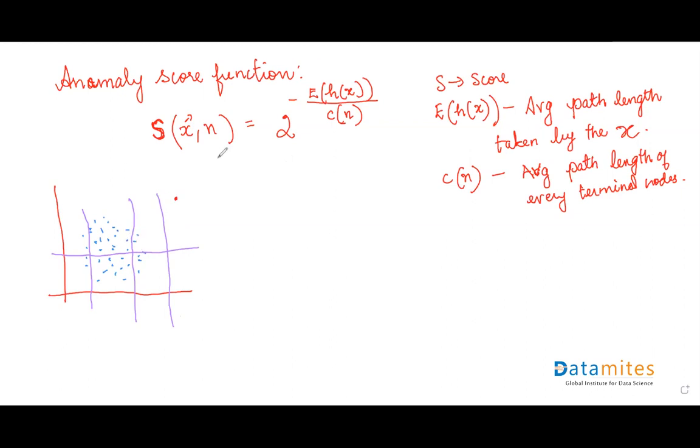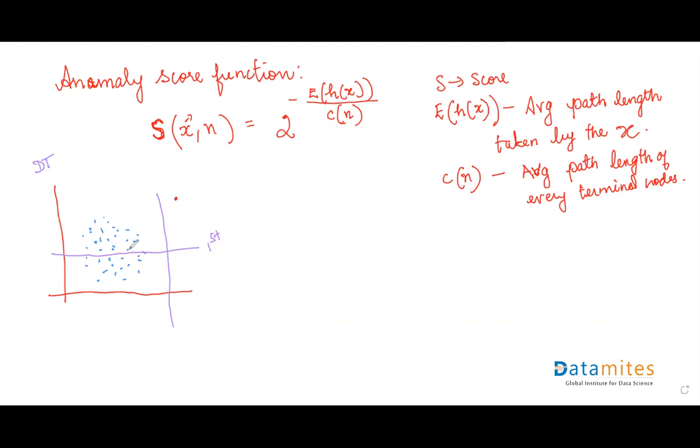Let us first see how this outlier is isolated. Here, this was the first split, right? It can happen in any way, because it is going to randomly select the feature and randomly select the split value. So let us say one decision tree is doing the split this way to isolate this particular point.